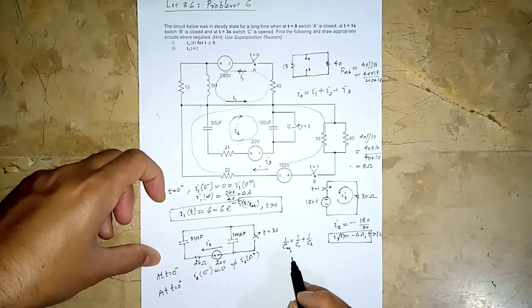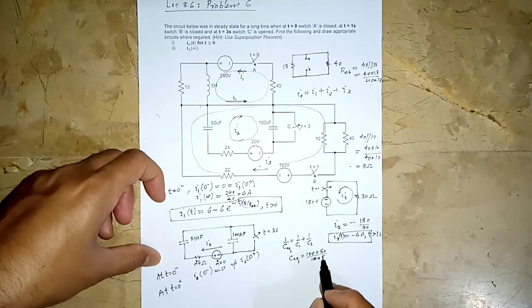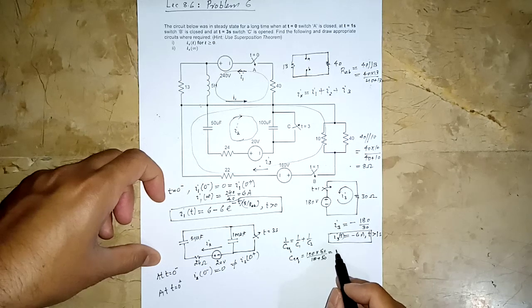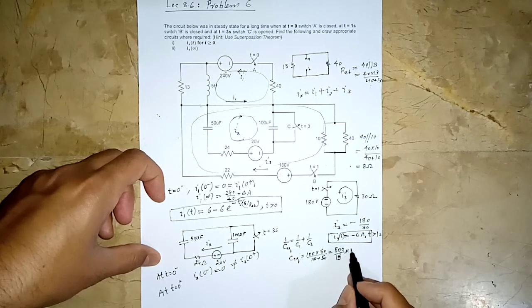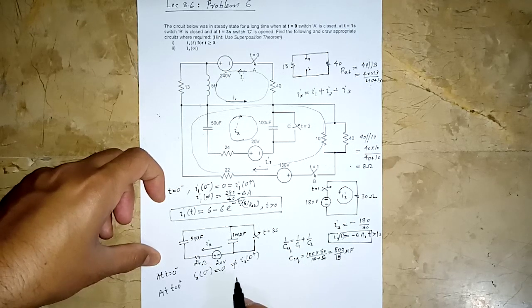So we can find C equivalent as 100 into 50 over 100 plus 50, whatever that is, 5000 over 150. So that would be something like 500 over 15 microfarad.